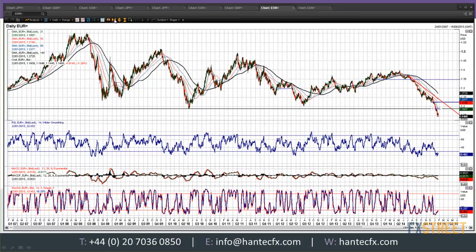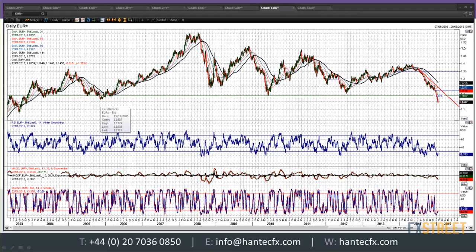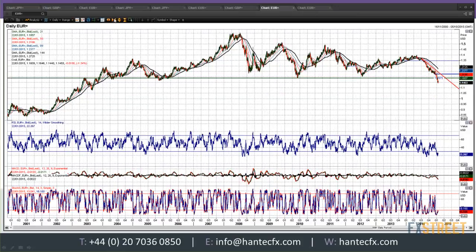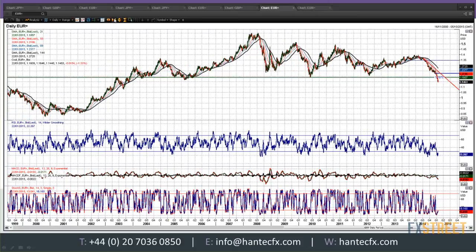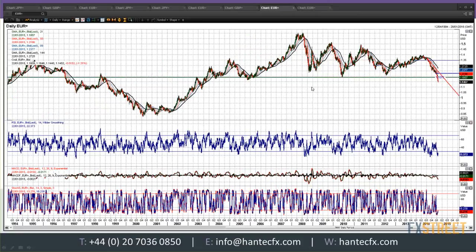That's gone. And if you were to ask me to do Fibonacci levels, I would come to you and say there's a Fibonacci retracement of this massive 2000 to 2008 bull run. There's a Fibonacci retracement level that comes in at one spot 11 figure area.